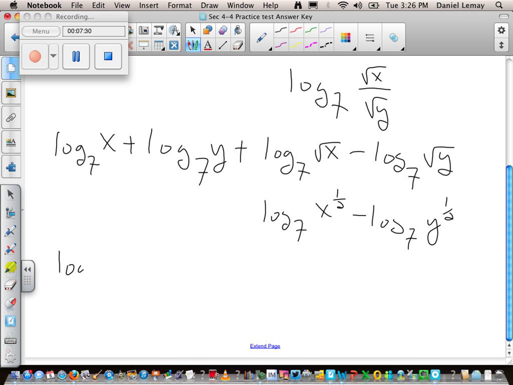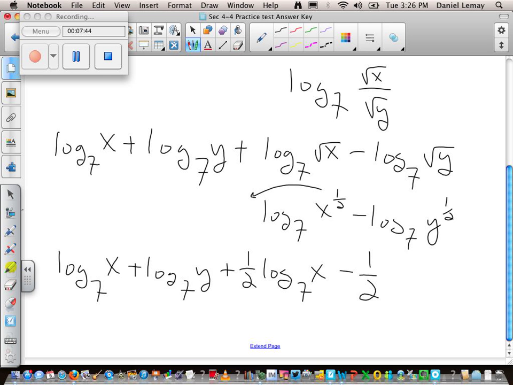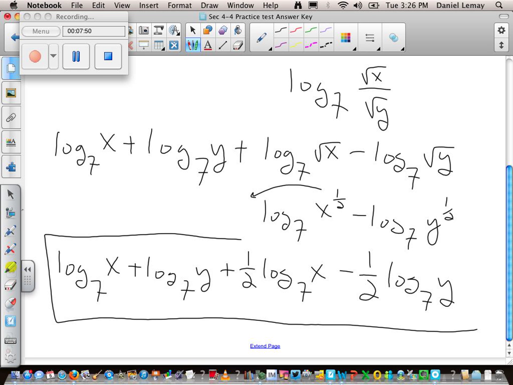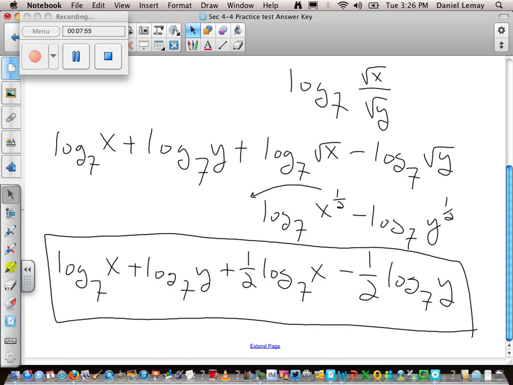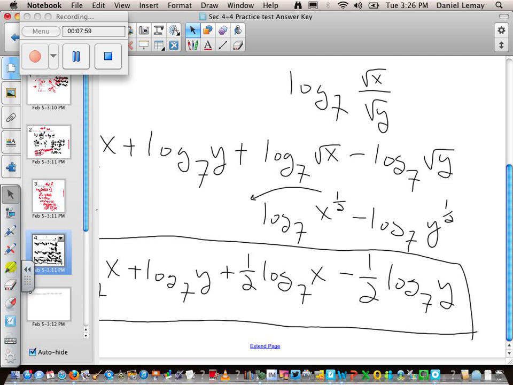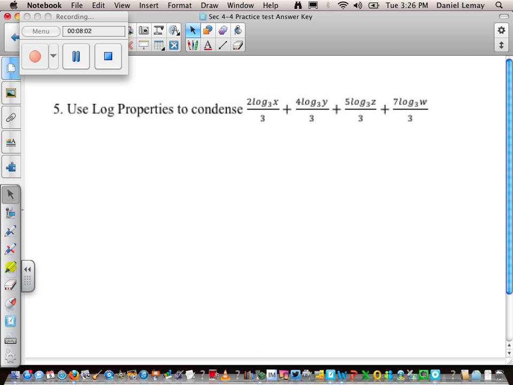So to finish this problem off, log base 7 of x plus log base 7 of y plus 1/2 log base 7 of x minus 1/2 log base 7 of y. And that is fully expanded, a big mess, but if we had to do some more with it, as we will in calculus, it makes it a lot easier to deal with than that huge problem in the beginning.